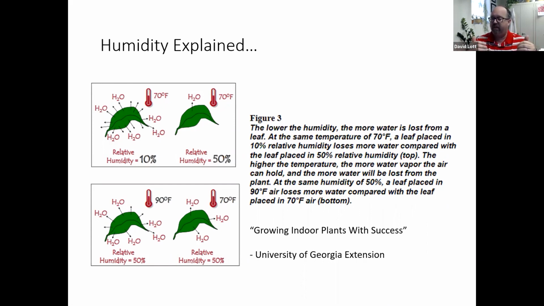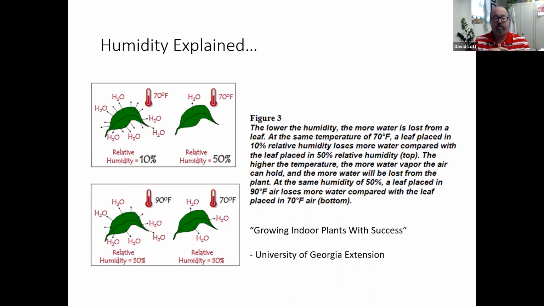We got to get this turned around. We get that humidity up. We get it up to 50, where we say it needs to be high. Look how much we have reduced water loss and vapor. So that's really important. If we're in a really warm environment at 90 degrees and the humidity level is at 50%, look at all the water vapor coming out of it versus 70 degrees.